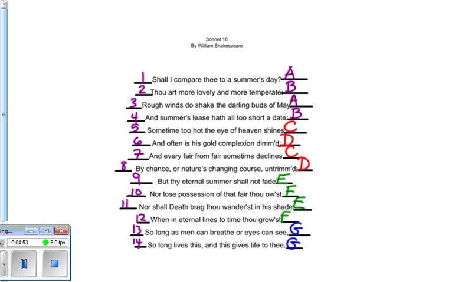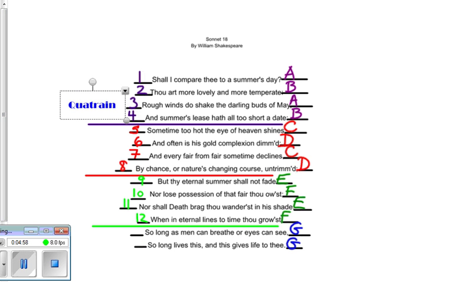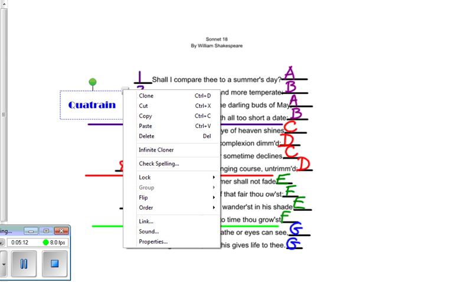And that particular term is called a quatrain. As you can see, there are three distinct sections of four rhyming lines, and those are going to be referred to as quatrains.